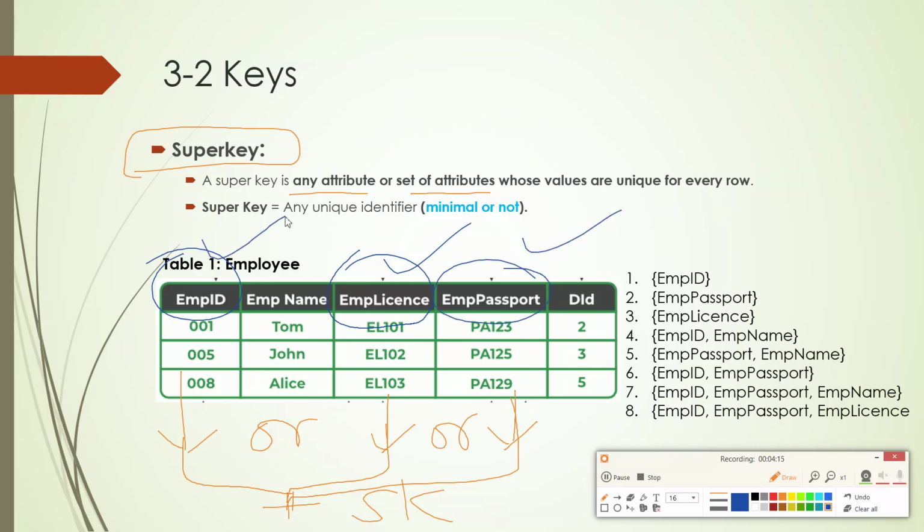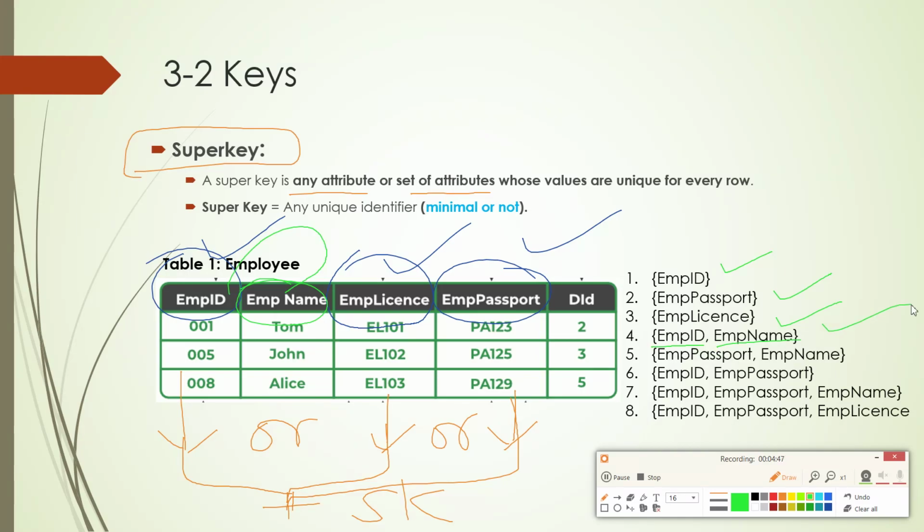But even if I combine this employee ID with this employee name, they could also act as a super key. So super keys could be employee ID, passport, and license, because they are unique. But if I combine this unique employee ID with the name, it could also be a super key.